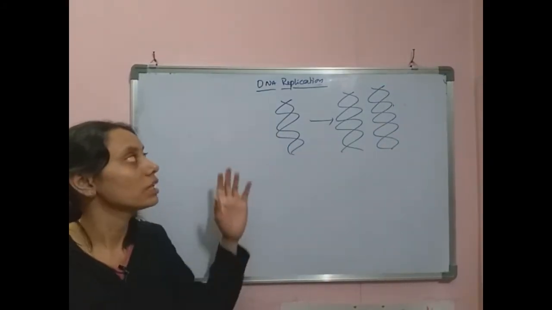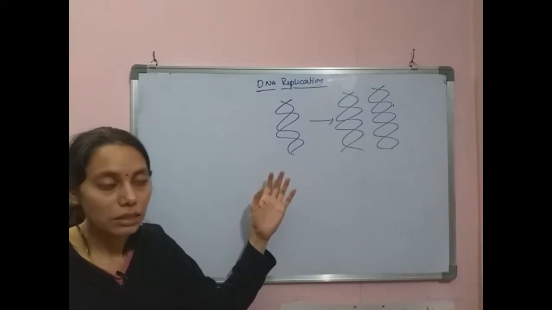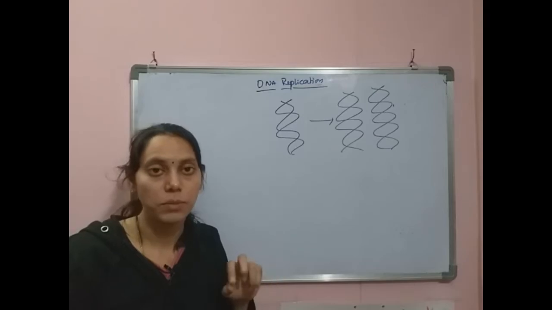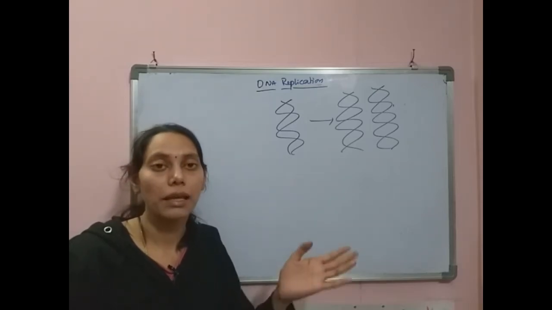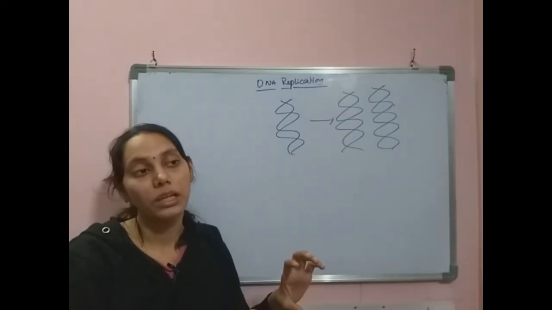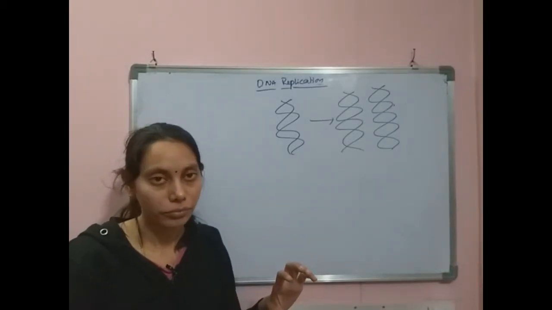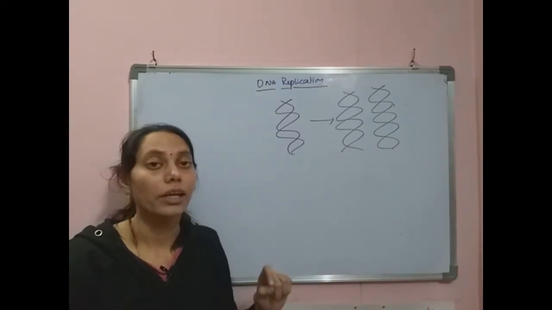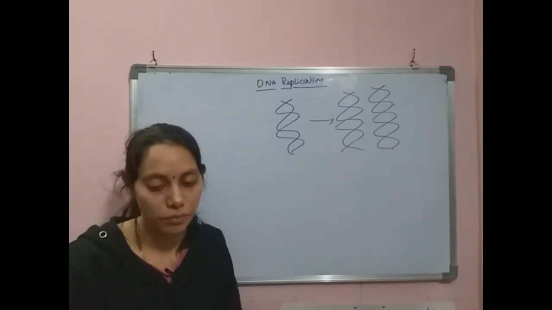That is what DNA replication is. Generally, during cell division, the genetic complement of the cell must be duplicated so that it can be given to the daughter cells equally without any difference. That is why the DNA must be replicated.